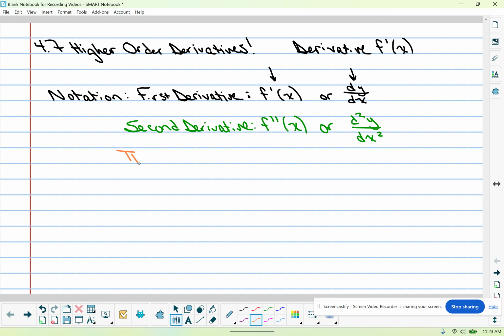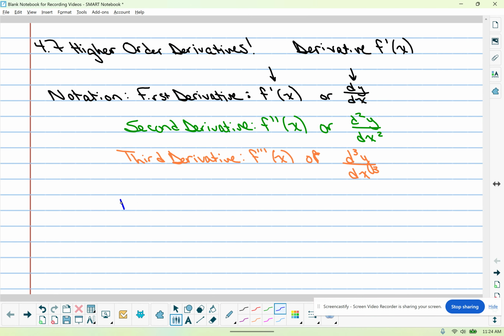Third derivative is f triple prime of x, or d cubed y over dx cubed. And then once you get to the fourth or higher, they just put them like this.